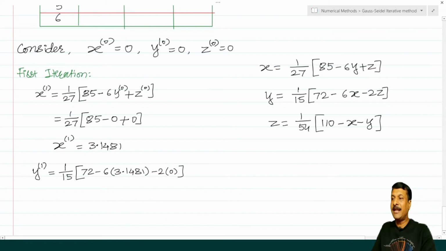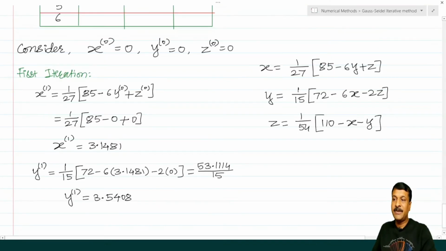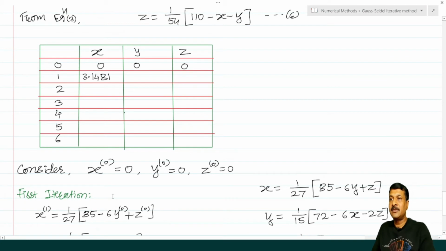So by calculator I am getting 53.1114 divides 15. So I am getting value at first position of y is 3.5408, means fix up to 4 digit. So here value is 3.5408, if you fix your answer up to 4 digits.